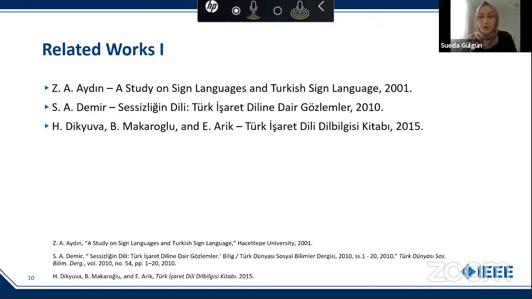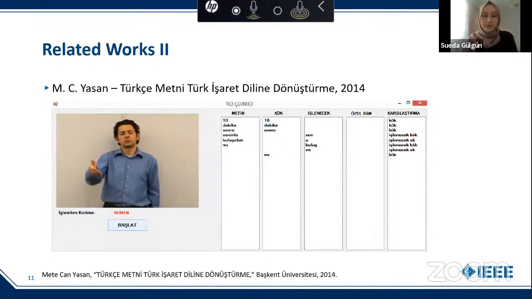Despite the fact that all of these studies shed light on the structure of Turkish Sign Language, they don't explore translation from Turkish Sign Language, and hence lack sufficient data for translation. And there are a few computer-based translation studies as well. For example, Yasan created a rule-based system based on TID's grammatical structure.